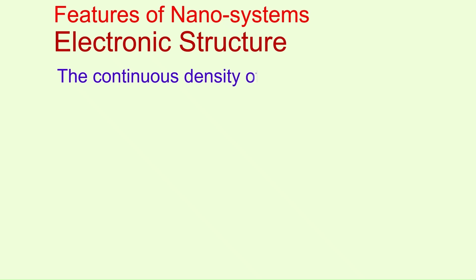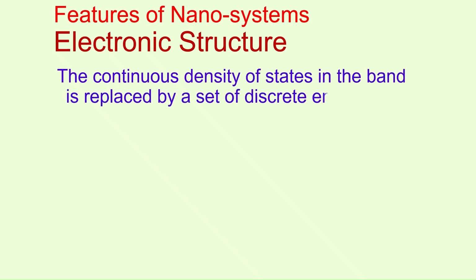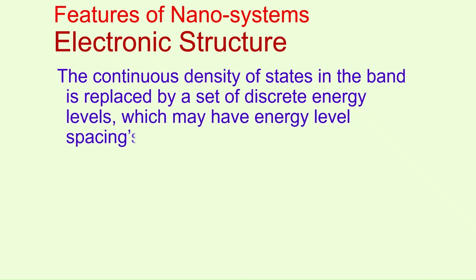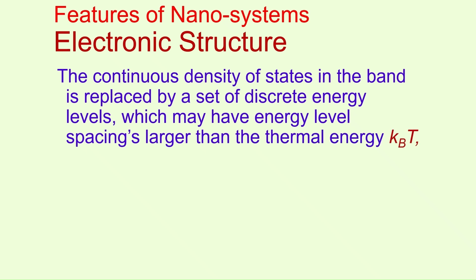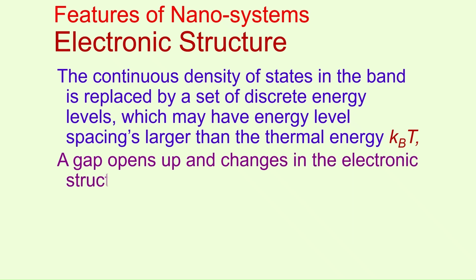Features of nanosystems. Electronic structure. The continuous density of states in the band is replaced by a set of discrete energy levels, which may have energy level spacings larger than the thermal energy kBT. kB is the Boltzmann constant.